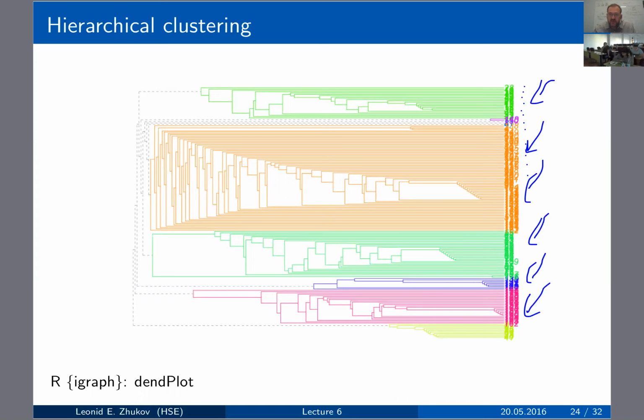In this case, the traditional clustering algorithm found one cluster here, another big cluster, a third, fourth, fifth, sixth cluster. We could have discovered them with community detection algorithms.